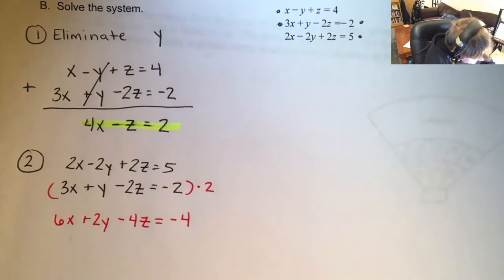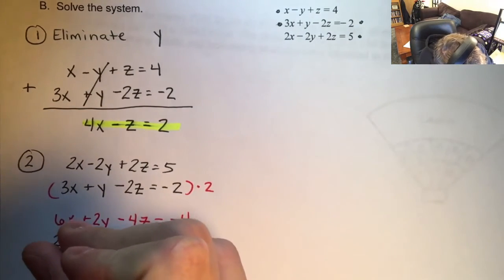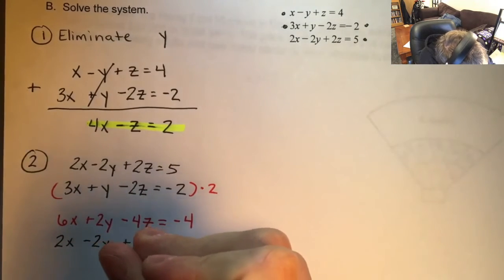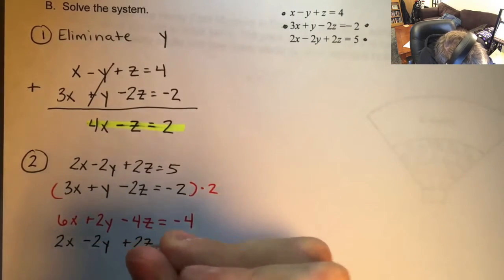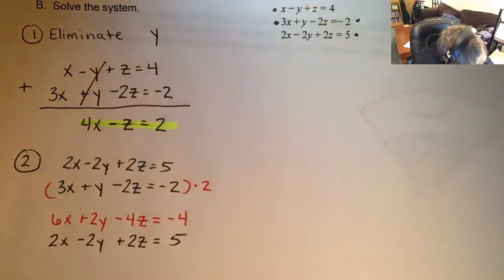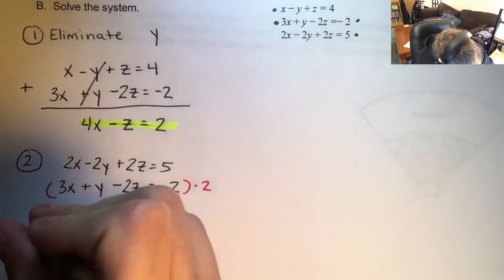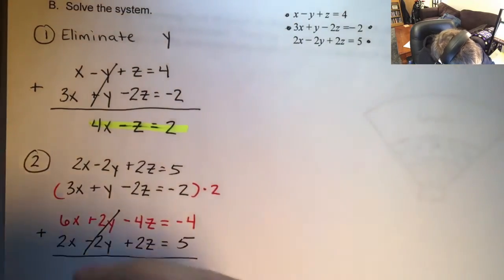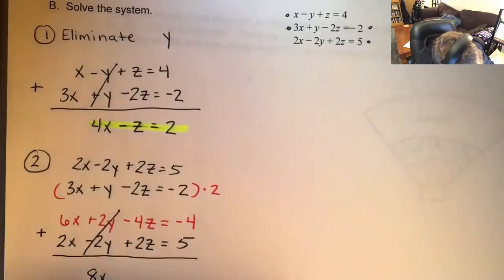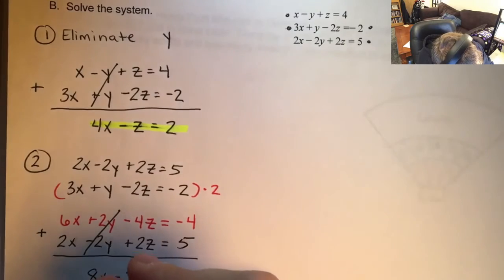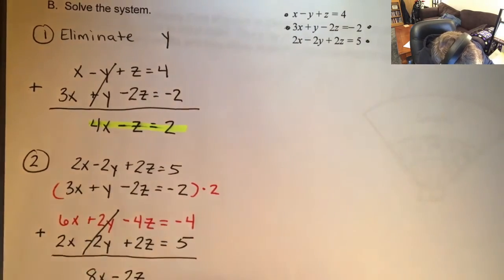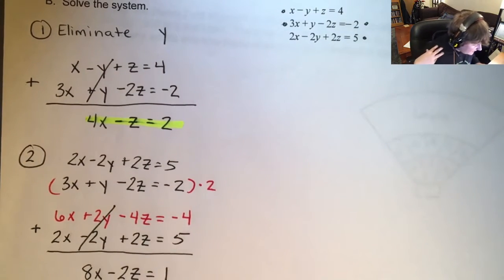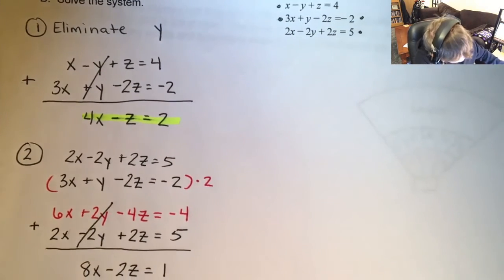And then this one here, I'm going to get 2x minus 2y plus 2z is equal to 5. So I can go ahead and add these now. I do have opposites, so these are going to cancel, and then I'm going to get 8x minus 2z is equal to 1. 8x, okay, perfect. So we're doing good.